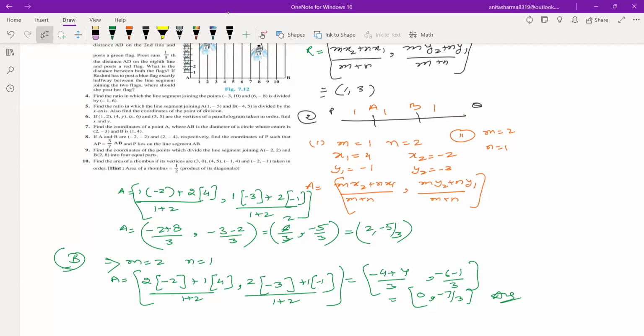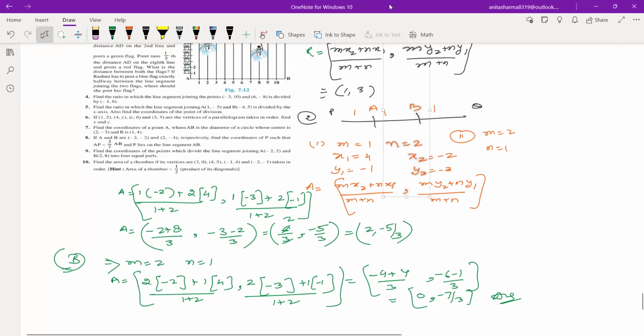Yes, in exam also, if they give two points, the first one should be taken as x1, y1, beta. In exam, beta, if they give a question, you always have to take the first coordinate as x1, y1 and the second will be x2, y2. Okay? Okay, ma'am.